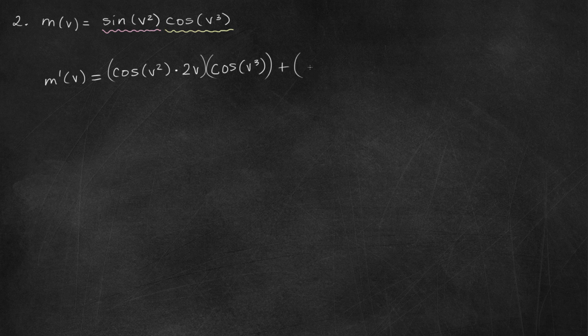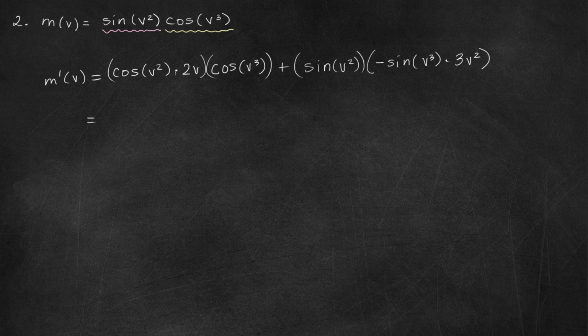plus the first, so sine of v squared, times the derivative of the second. And when I go to take the derivative of the second, this is the cosine of stuff. So the derivative of cosine stuff is negative sine stuff times the derivative of the stuff, 3v squared. And we'll simplify this a little bit.